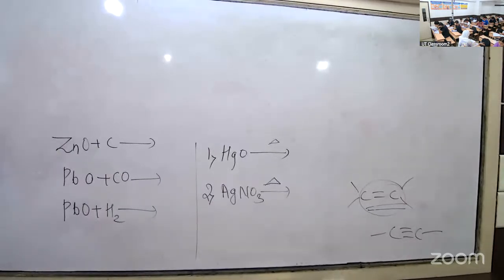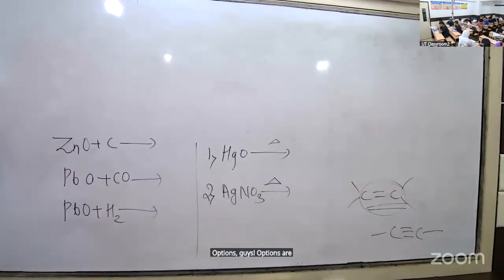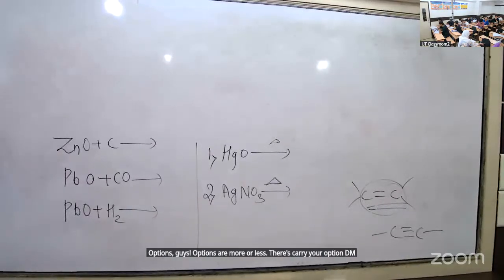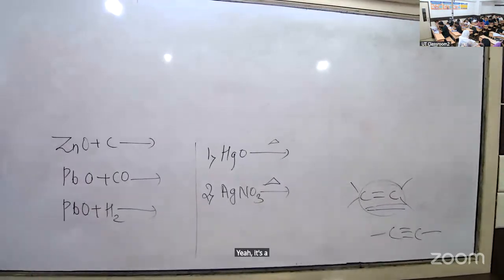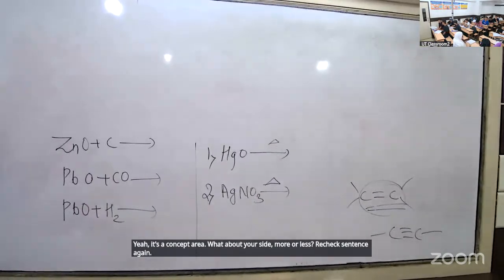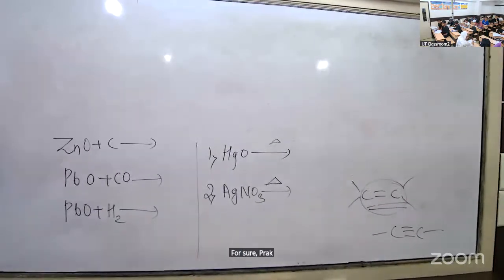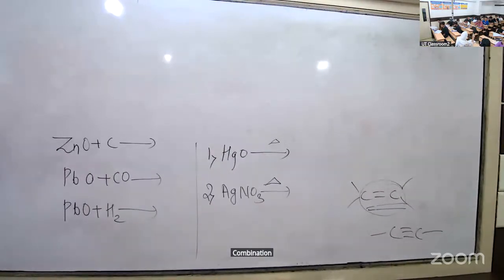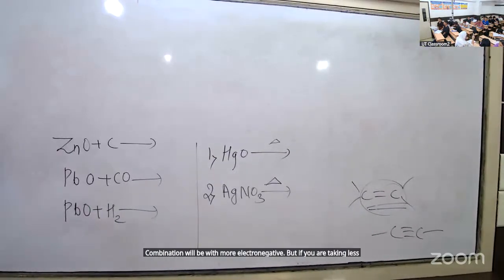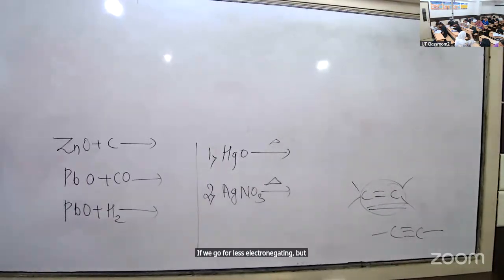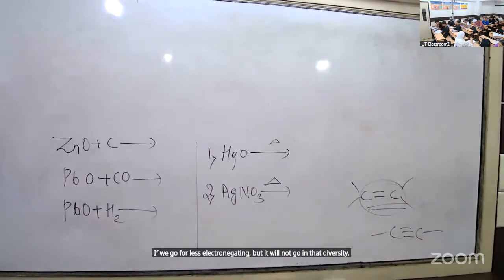Options, girls, options are more or less. डैश के लिए ऑप्शन दिया है मैंने, मोर और लेस. यहाँ से तो आंसर मिल गया. Because at the top we have more electropositive, the combination will be with more electronegative. If you are taking less electropositive, it will go for less electronegative, but it will not go in the reverse sequence. समझ में आया?